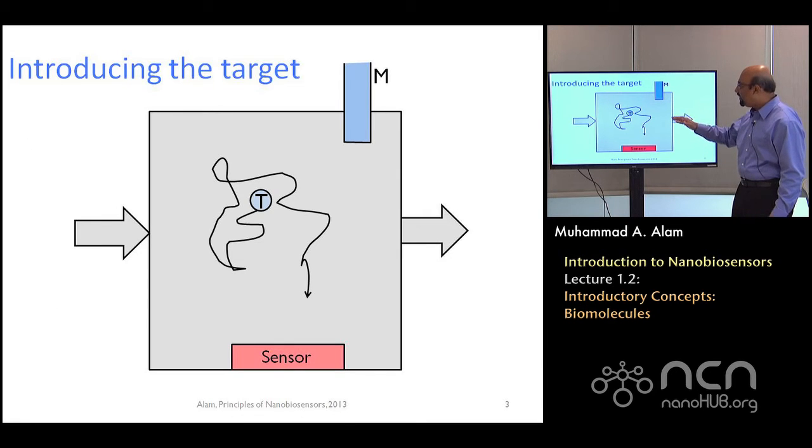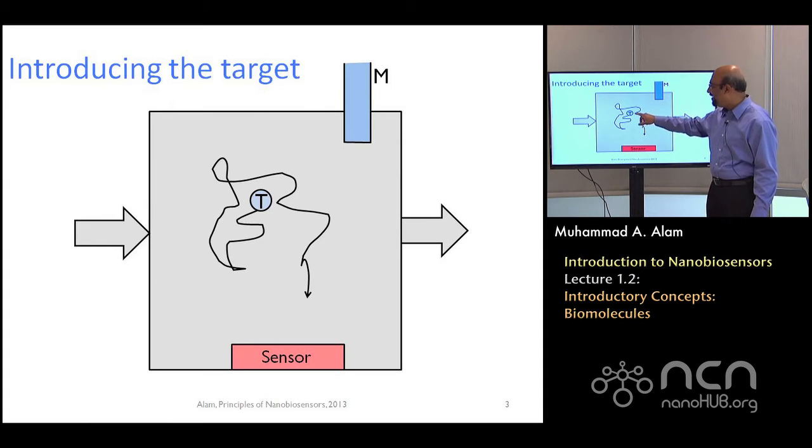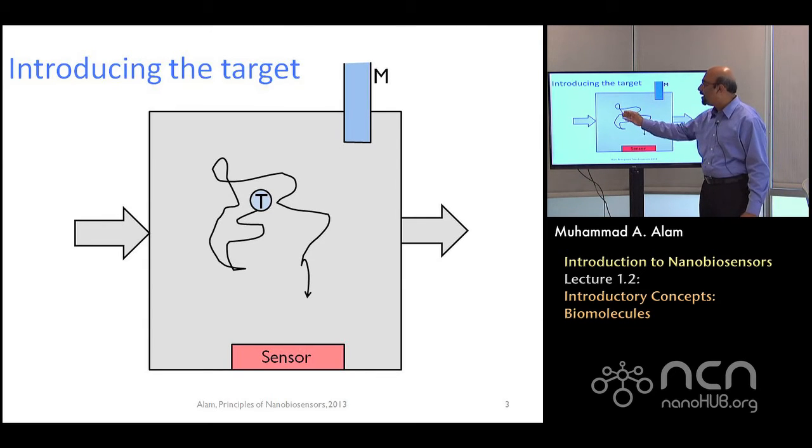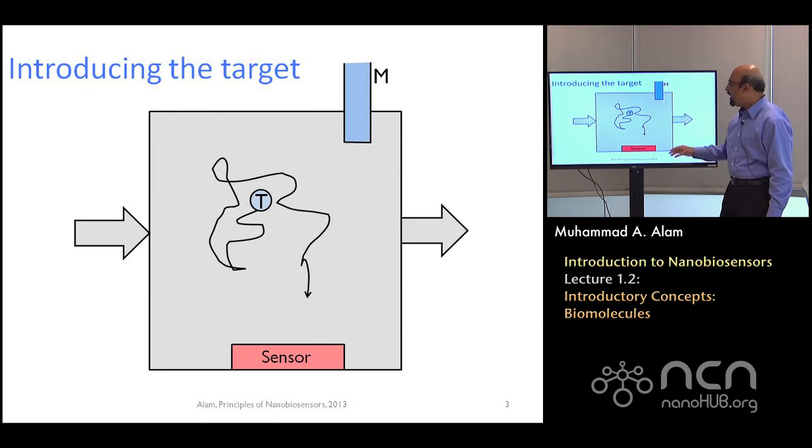So this is sort of a cartoon view of what a biosensing system might look like. What I have here is the sensor on the bottom, in red, and the biomolecule T in blue is sort of sitting there. And of course, it will diffuse around, and eventually, after a while, it will land on the sensor surface.